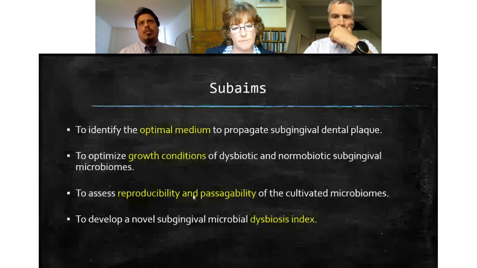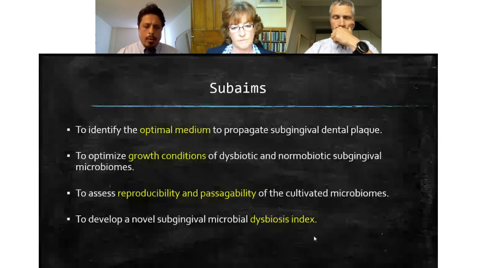And then, because it's not very practical every time to go back to human subjects to collect samples and use them as inocula, we also wanted to test if it would be possible to reproducibly passage these microbiomes in the lab, by storing them at -80 and then taking them again and trying to regrow them.